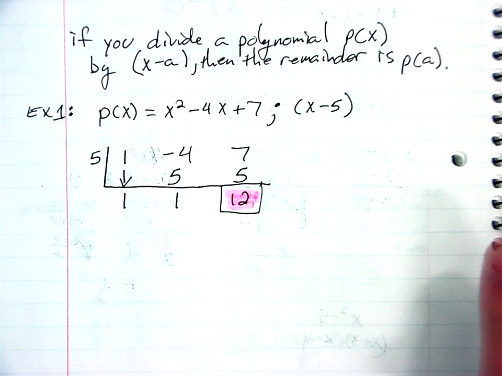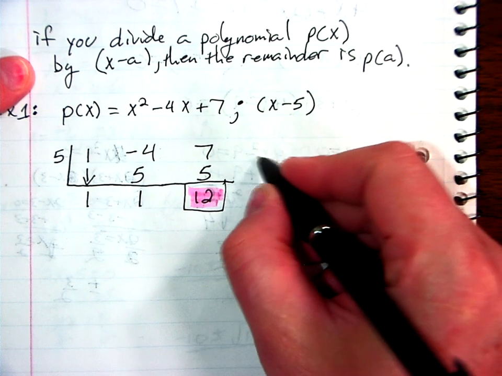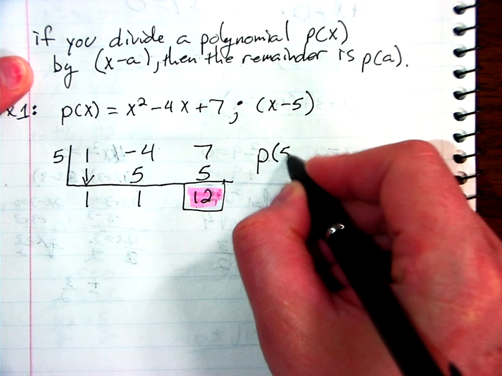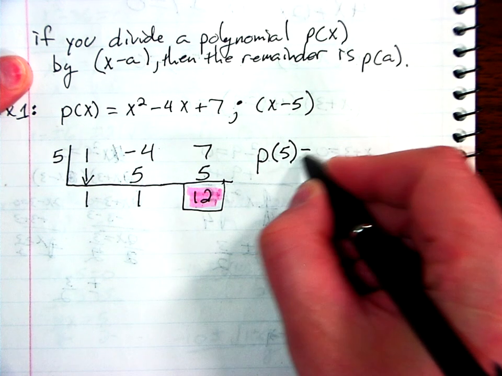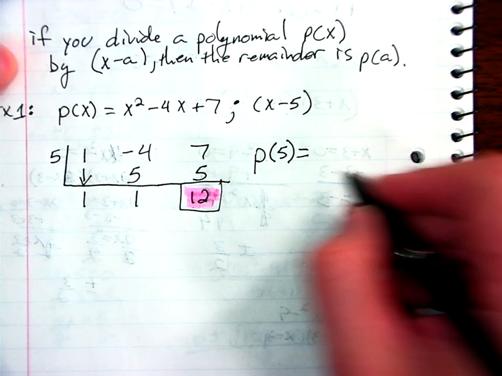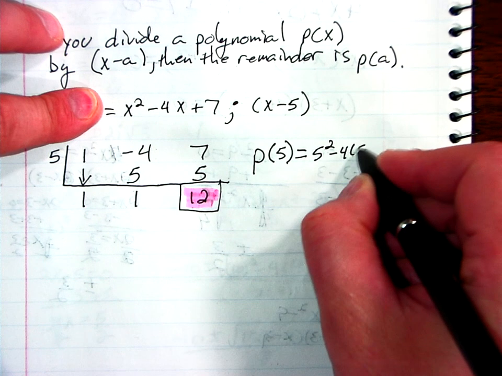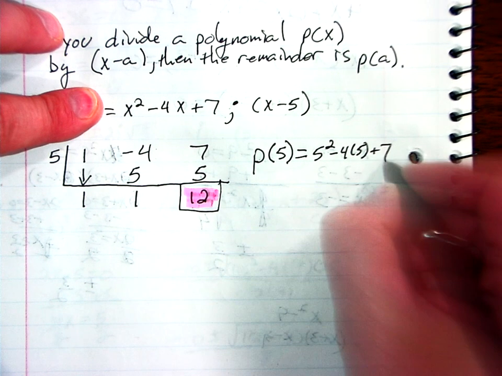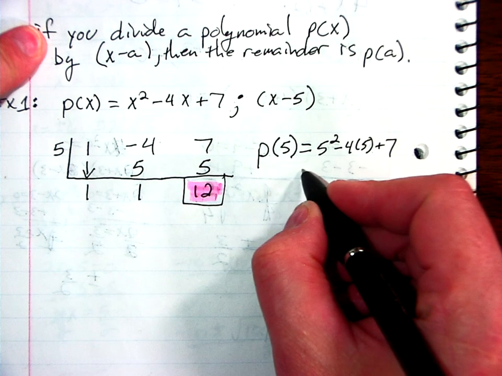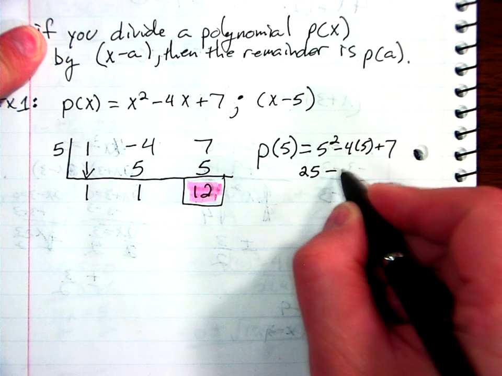Here is another way you could have solved it. What we could have done is taken P of x and replaced the x with 5. So P of 5 equals, and wherever we have an x, we replace it with a 5. 5 squared minus 4 times 5 plus 7. 5 squared is 25. -4 times 5.